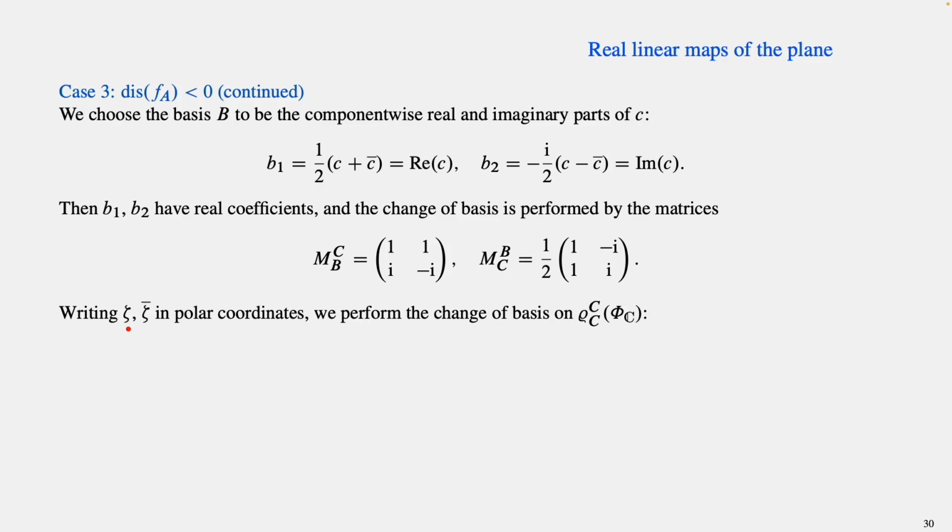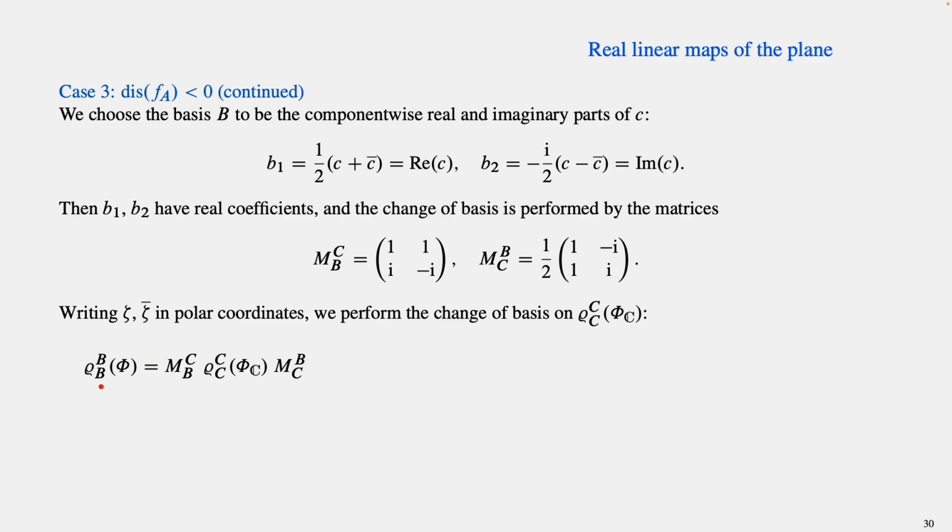Now we write the eigenvalues zeta and bar zeta in polar coordinates, and then we perform the change of basis on the representation of phi c. So this was just a diagonal matrix with zeta and bar zeta on the diagonal.